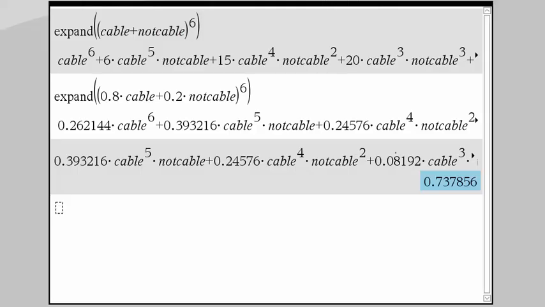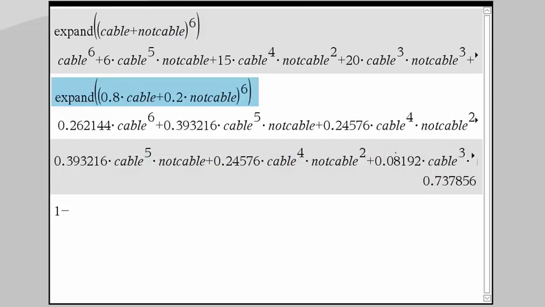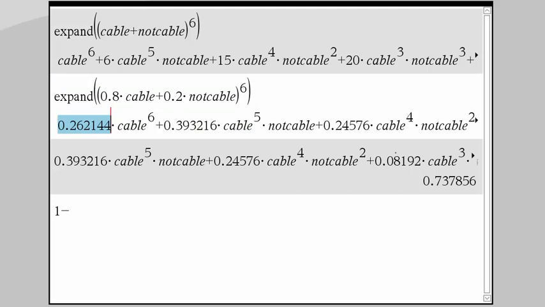So flipping back over here to the CAS, I'm going to say 1 minus, go up and grab the probability that all 6 had cable, and I get exactly the same result. It doesn't matter which way I try to solve this. So be aware of complements, grabbing terms out of your individual polynomials. You have lots of different possibilities for how to solve this. Welcome to binomial probability.